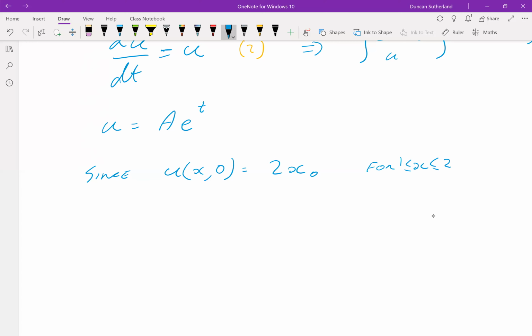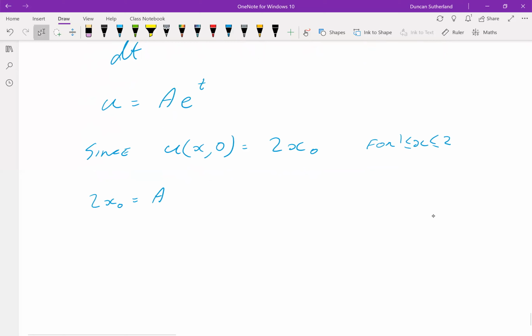We can write 2x naught equals a, right, at t naught. So we now have a value for a, and we have that u equals 2x naught e to the t, right? So this kind of tells us how our x naughts evolve in time.